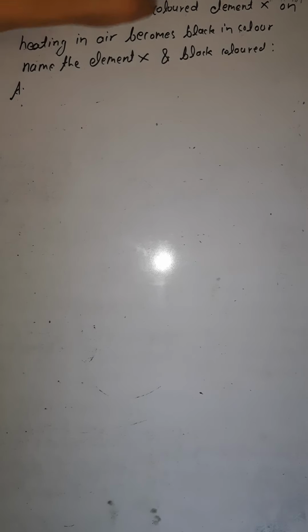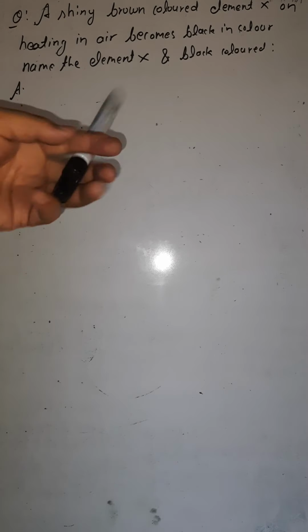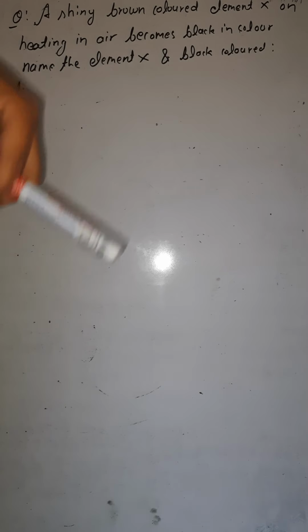A shiny brown colored element, you might be thinking about copper, because copper has the color brown. So let's say X is copper. If you are heating copper in air, it becomes black in color, and becomes copper oxide.